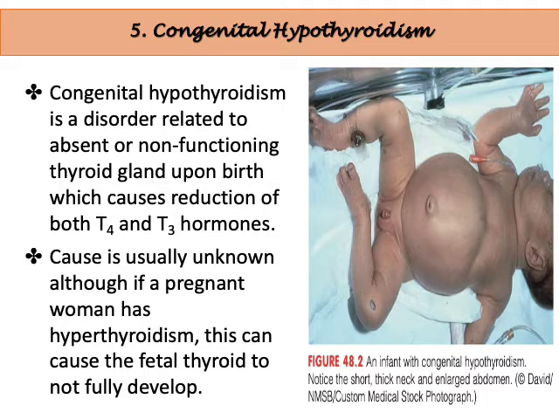T4 is our major and primary thyroid hormone, while T3 is a more potent one formed from conversion of T4 to T3. This disorder occurs 1 in every 4,000 live births and about twice in girls than in boys.